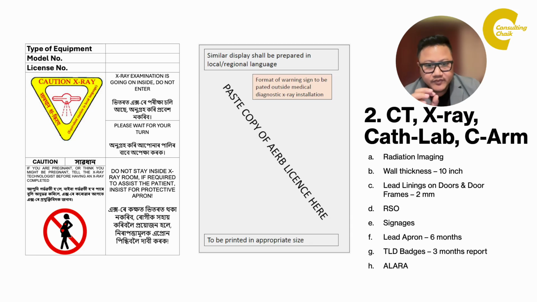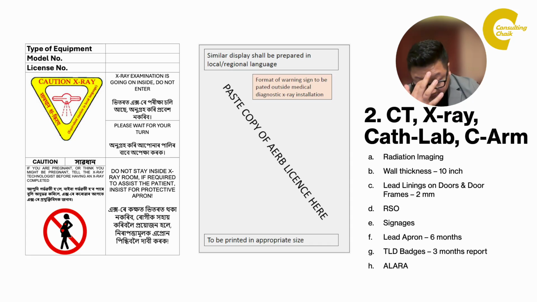You also need to asset code the apron so that you can have a reference of those aprons in the report, which has to be signed by the radiologist. So when you go inside an X-ray, CT, cath lab, or C-arm, you need to have those reports of the radiologist stating that no cracks were found in these aprons, and they are good to use. And you need to have the TLD badges every 3 months. You need to send them, get the reports and keep the reports in a file.